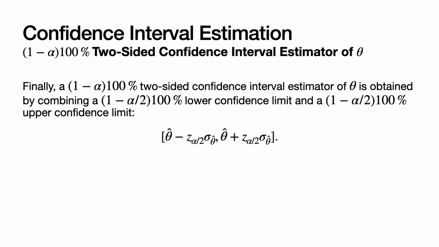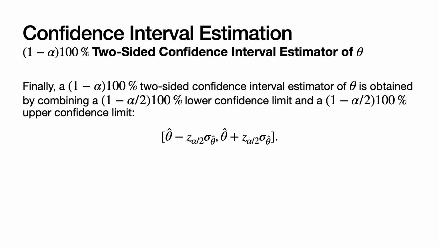That's given by theta hat minus z sub alpha over 2 times sigma sub theta hat. And then we also construct a 1 minus alpha over 2 times 100% upper confidence limit for theta. That's given by theta hat plus z sub alpha over 2 times sigma sub theta hat.